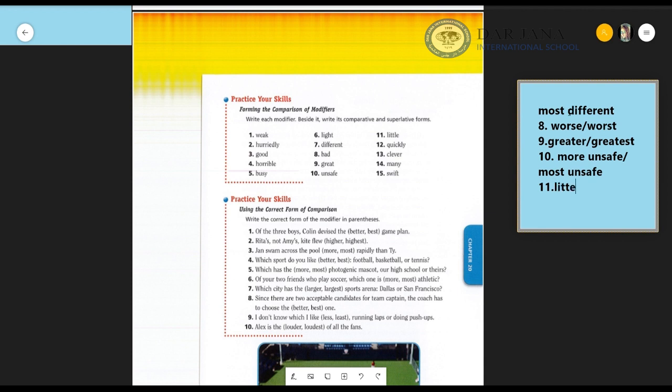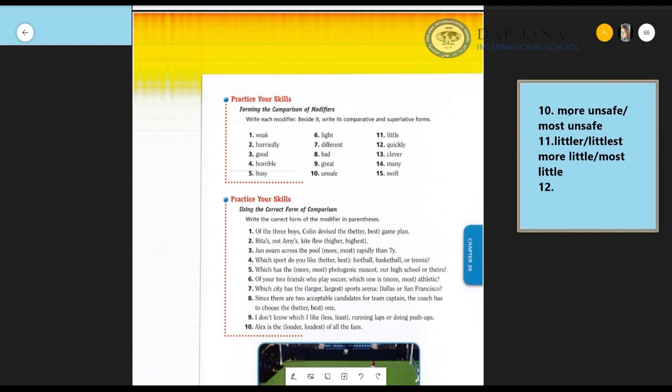You can say littler or littlest, and you can also say more or most or less or least. Okay.